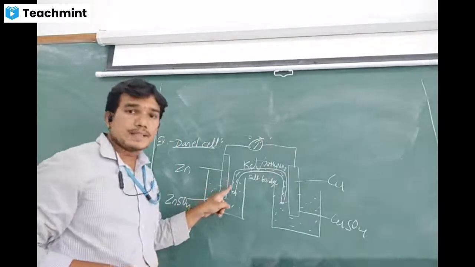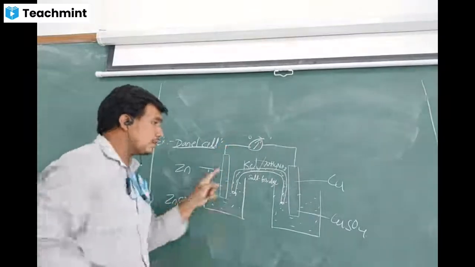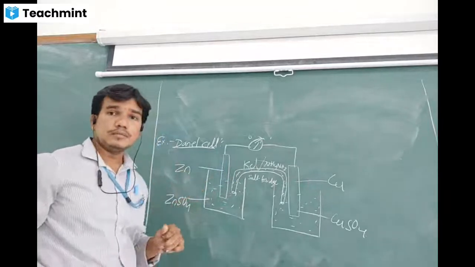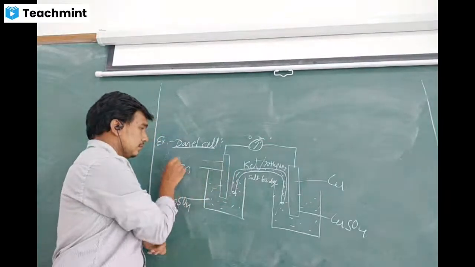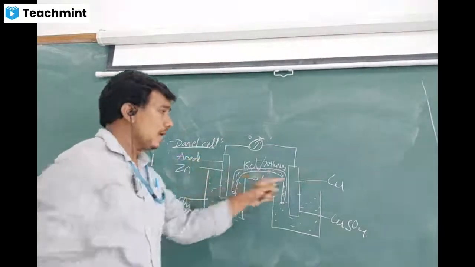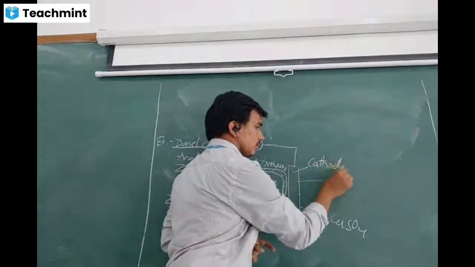So what happens? I have not denoted which one is negative and which one is positive. Here, which one is the anode? Zinc is the anode, copper is the cathode. Why?